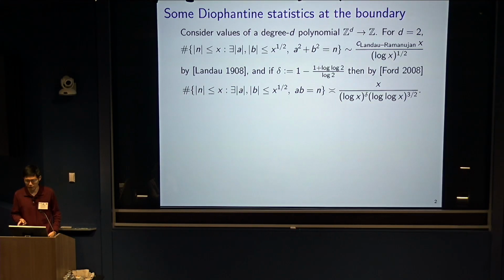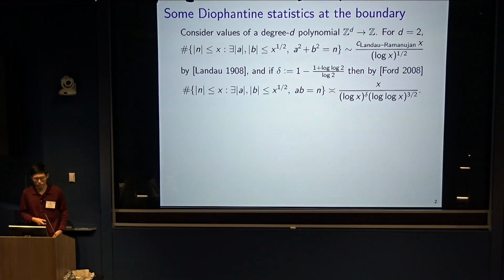So let me begin with the case d equals 2. We've seen both of these results mentioned already in previous talks. One is that the number of integers up to x that are a sum of two squares is of the size x over log to the 1/2, with the constant in front found by Landau and separately by Ramanujan.